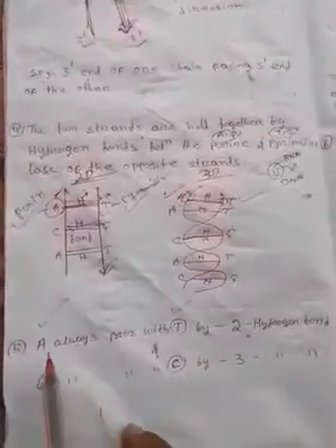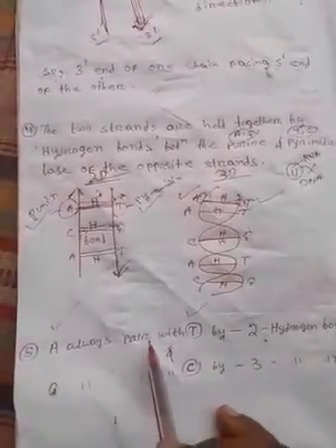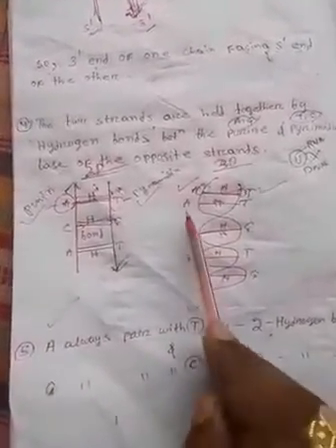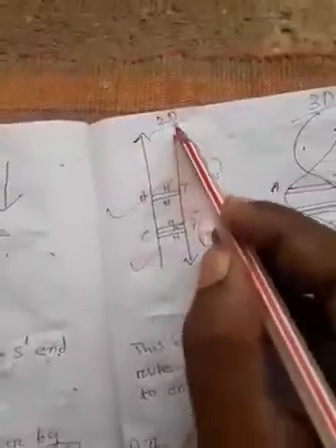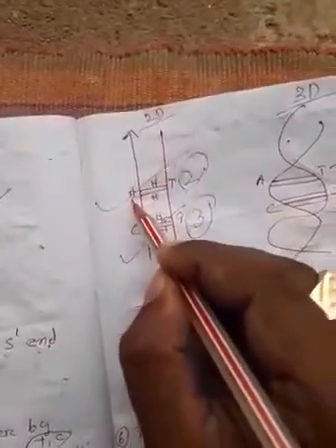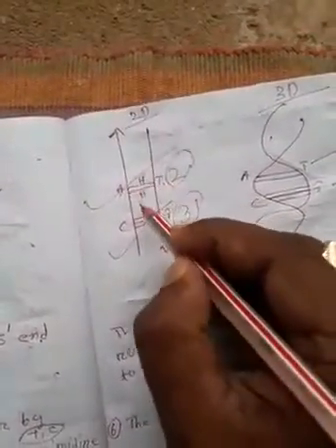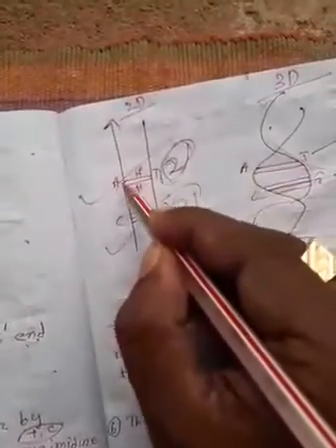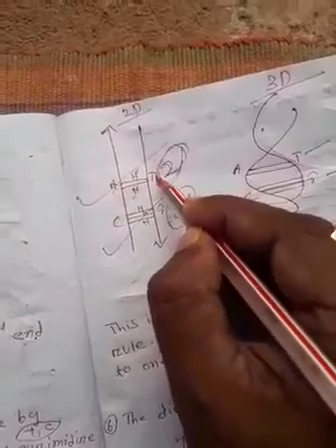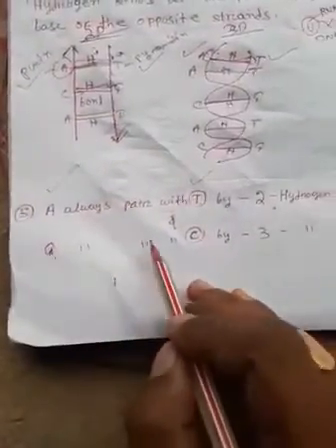Now number 5. A always pairs with T, meaning adenine always pairs with thymine by two hydrogen bonds like this. If you see that in 2D, between adenine and thymine, two hydrogen bonds are present. Then guanine always pairs with cytosine by three hydrogen bonds like this.